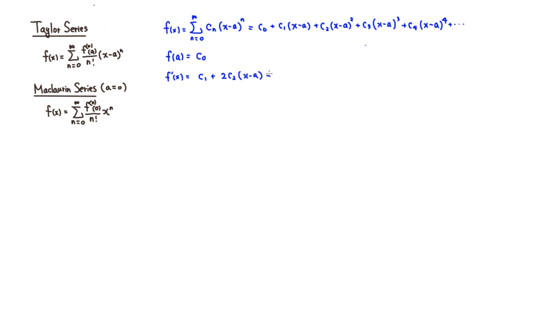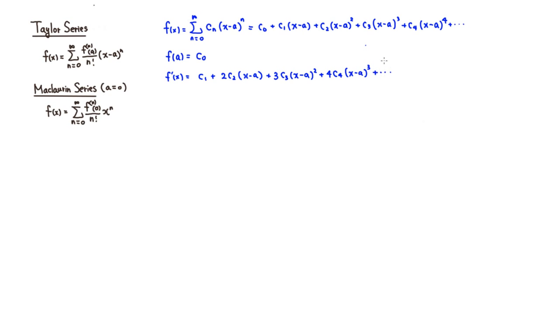The next term's derivative is going to be 3 times C3 times the quantity x minus a squared. Then the next one, you put the 4 in front, C4 times x minus a raised to the third power, and so on.